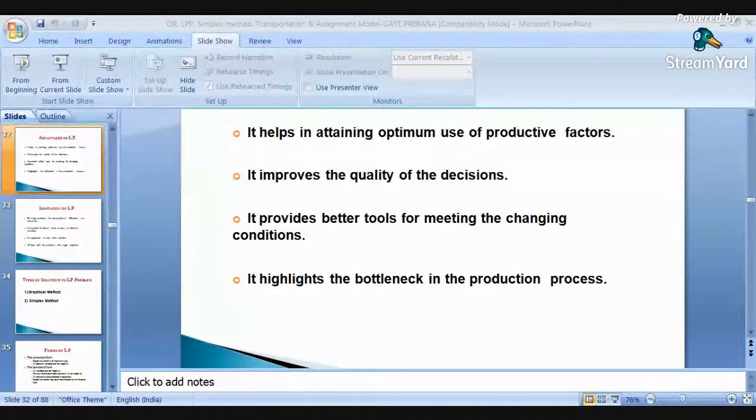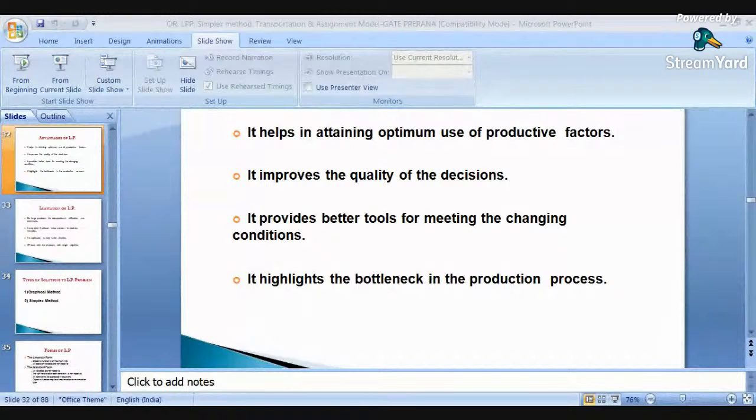So, for satisfying the demand of the dealers in that particular area, to transport the tractors from one place to another place in the dealer network, the transportation cost should be minimum, and such types of methods are used.